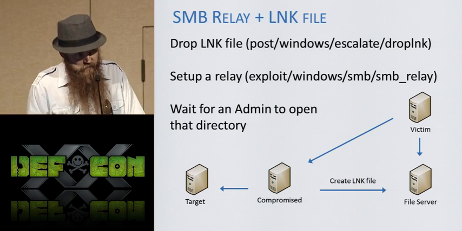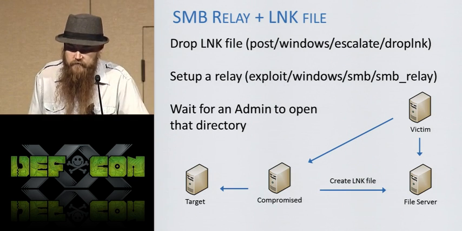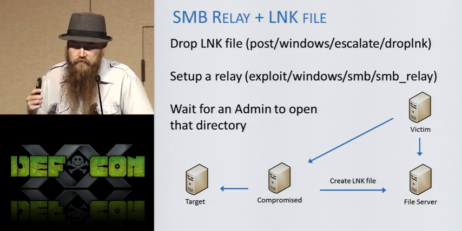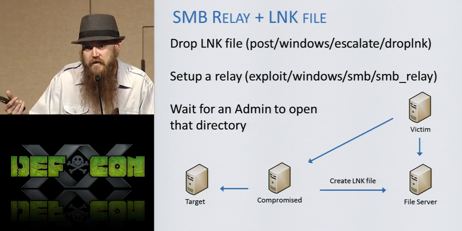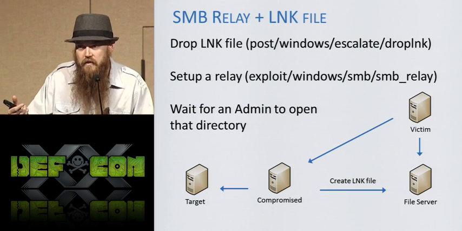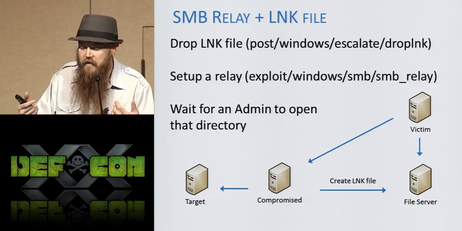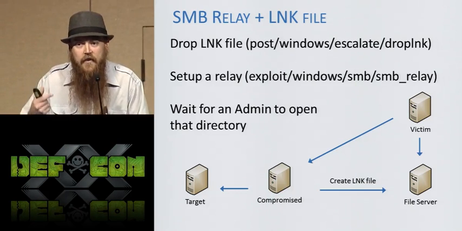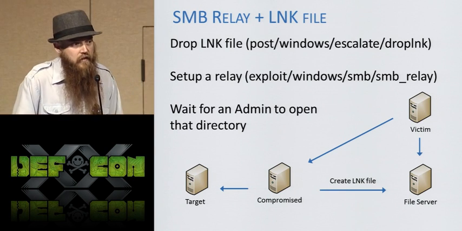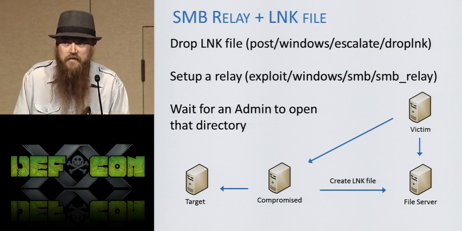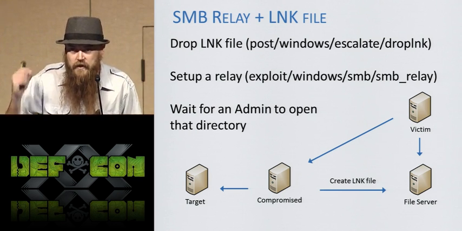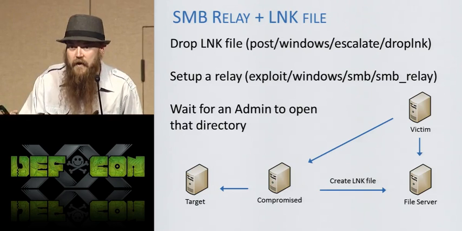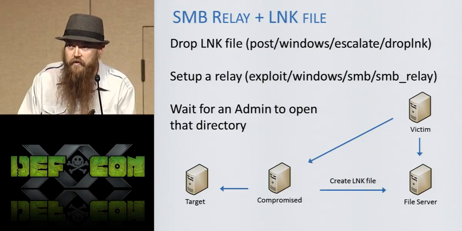So now this is an awesome, relatively new technique of dropping an LNK file. It turns out that LNK files are sort of like a symlink in the Unix world, but they can have an icon, and that icon can be a UNC path, like most paths in Windows can be a UNC path. So we drop an LNK file on some file server that we have access to with an icon that points back to our server.